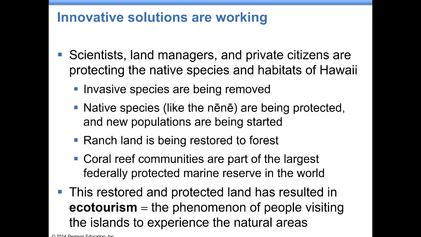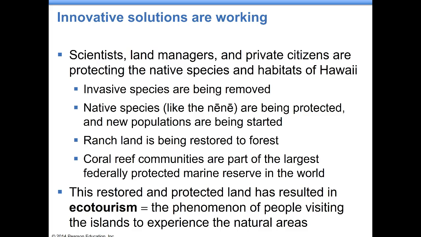Scientists and land managers and private citizens together are trying to protect the native species habitats of Hawaii. They're trying to prevent invasive species and they're removing them when they can. They're trying to reintroduce native species like the nene that we talked about and protecting them and expanding their population.